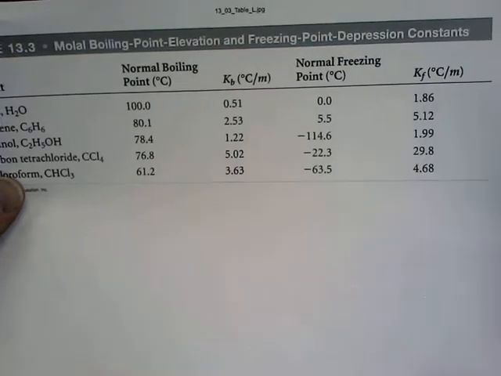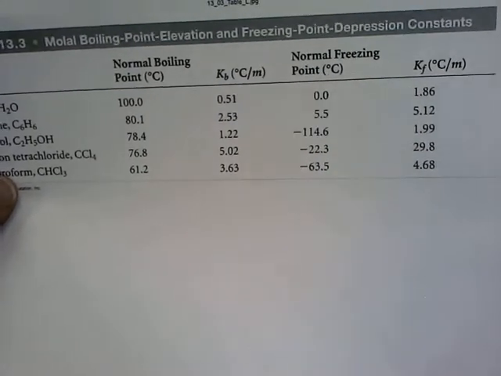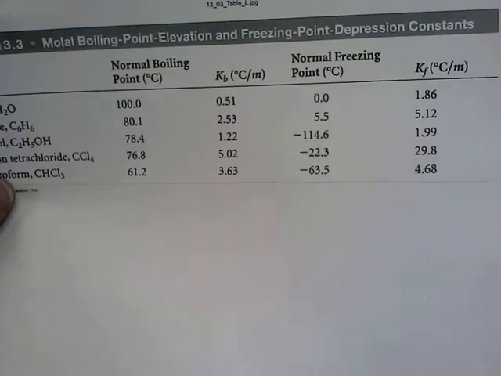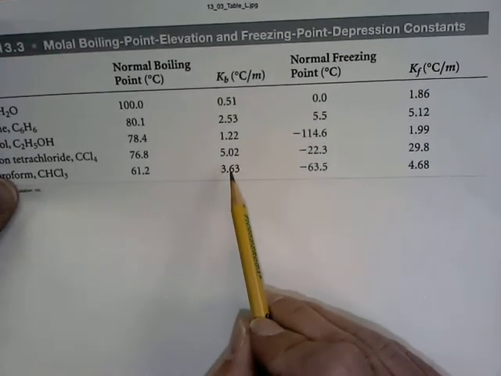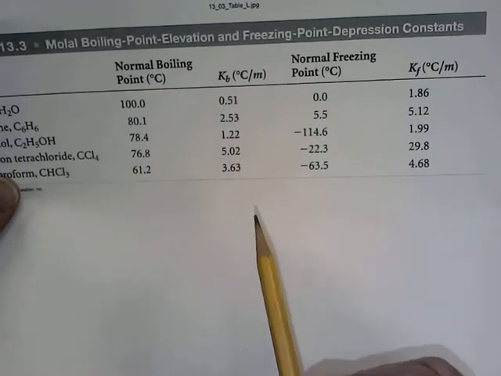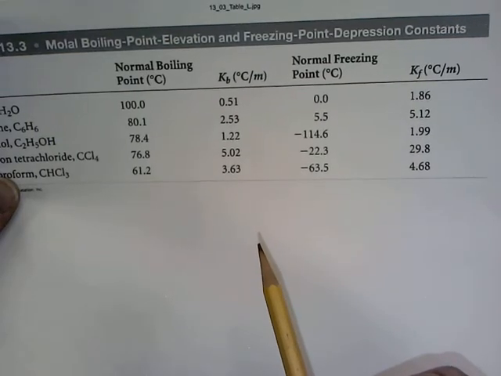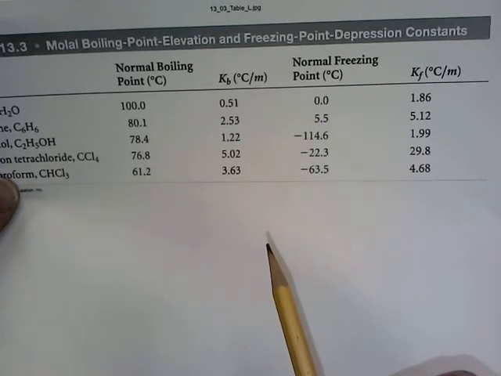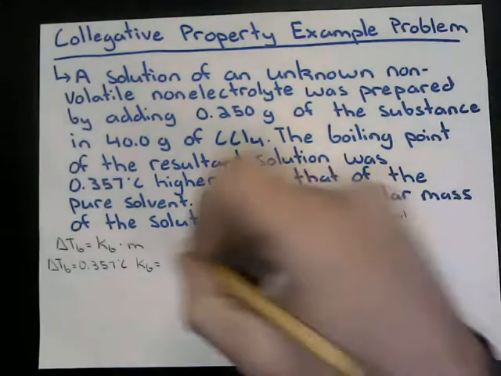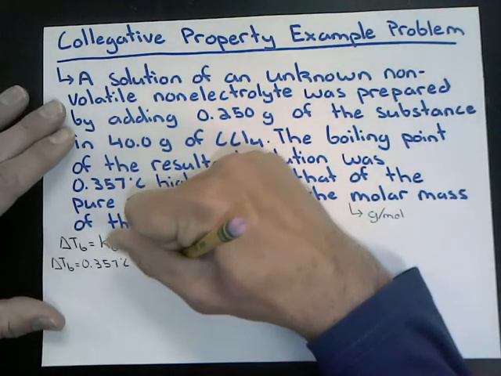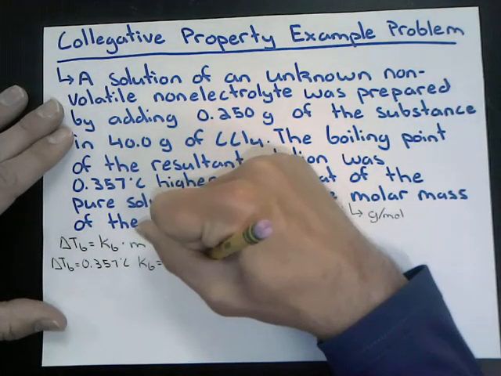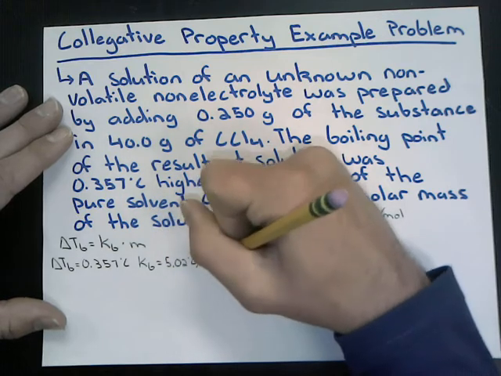We're using KB because we are given the boiling point elevation of this particular solution. So we find carbon tetrachloride, and it has a value of 5.02 degrees Celsius per molal. So our KB is 5.02 degrees Celsius per molal.